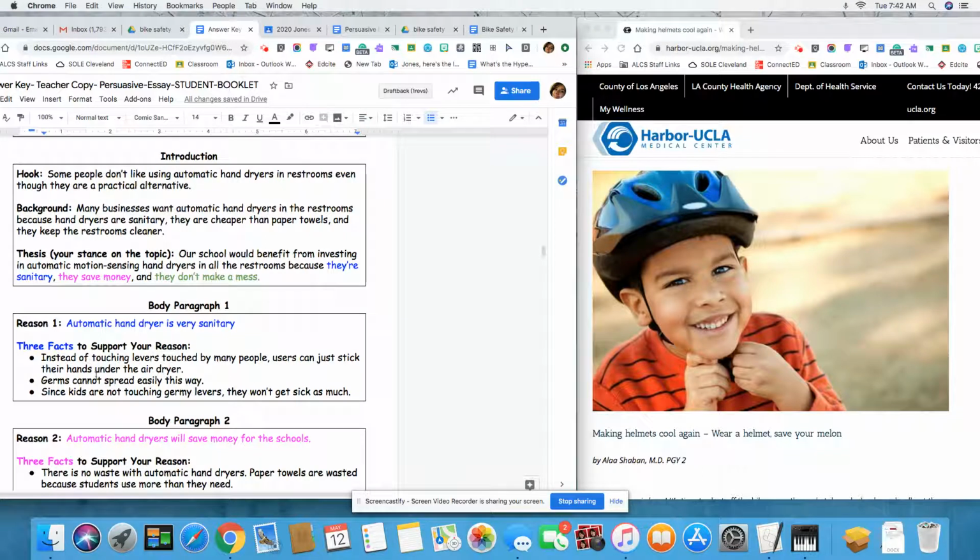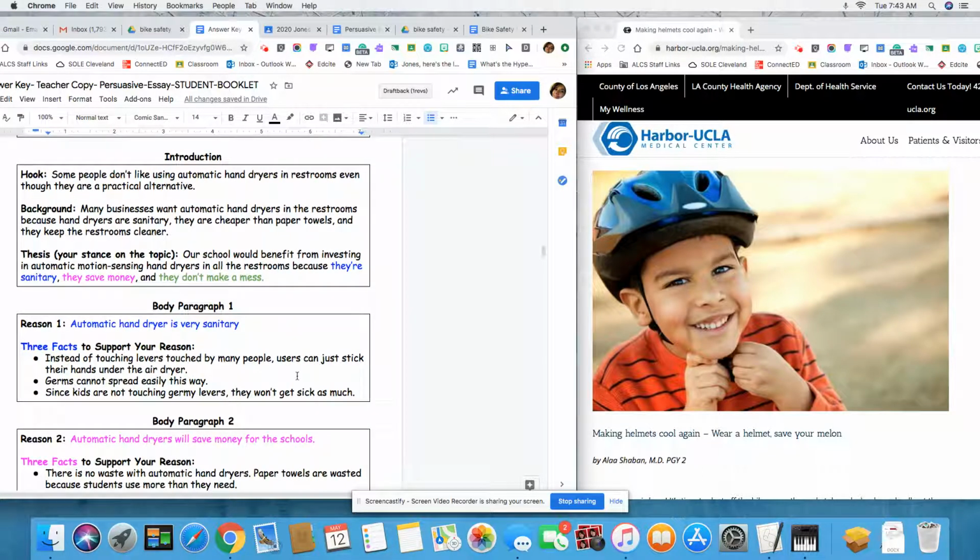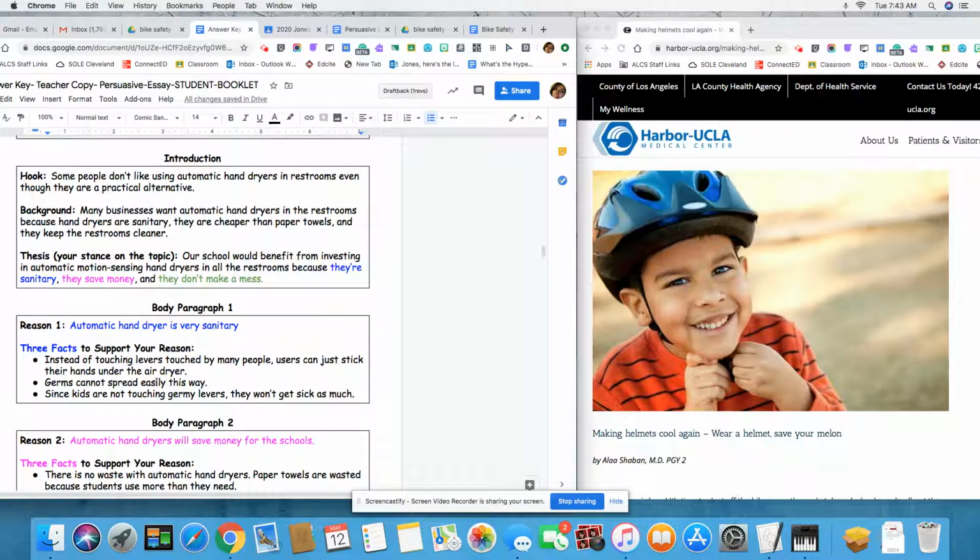Instead of touching levers touched by many people, users can just stick their hands under their air dryer. Next, germs cannot spread easily this way. And lastly, since kids are not touching germy levers, they won't get sick as much. Wow, this actually works for us with what we're going through today, doesn't it?